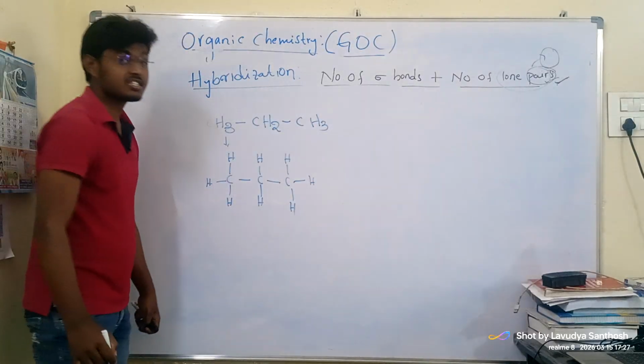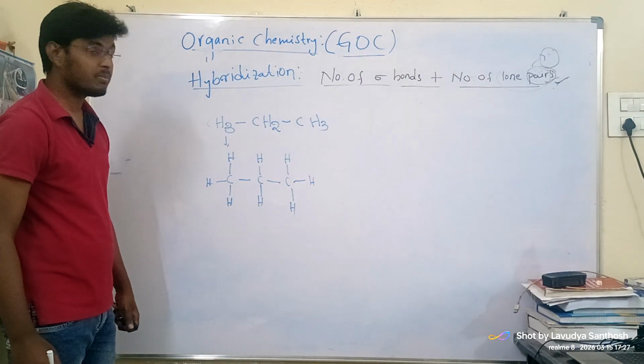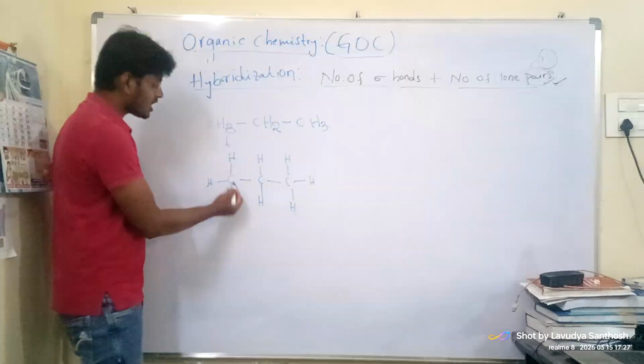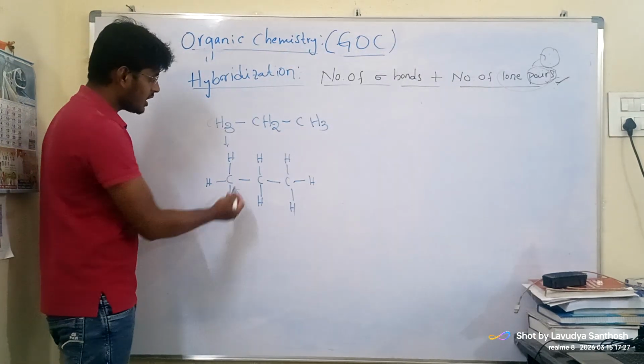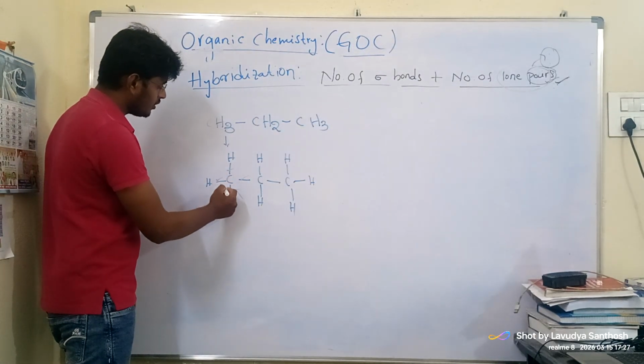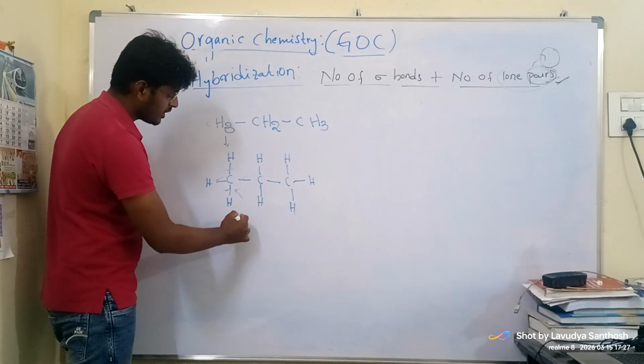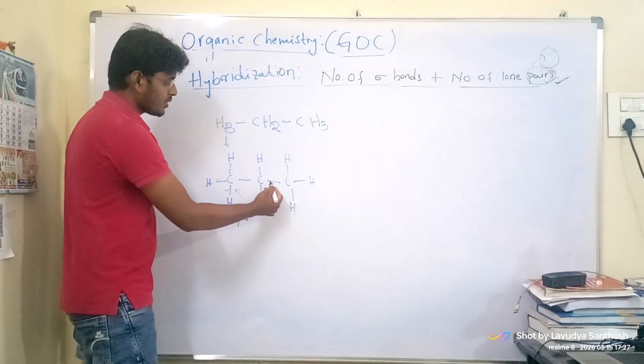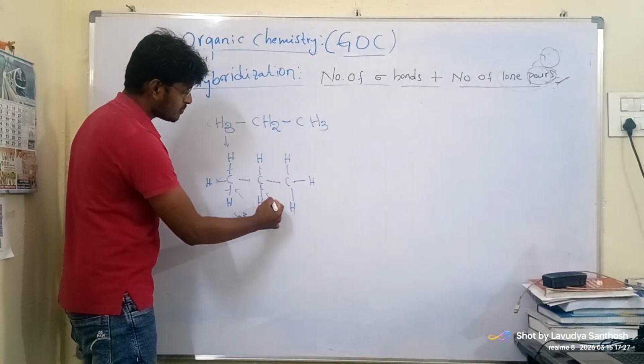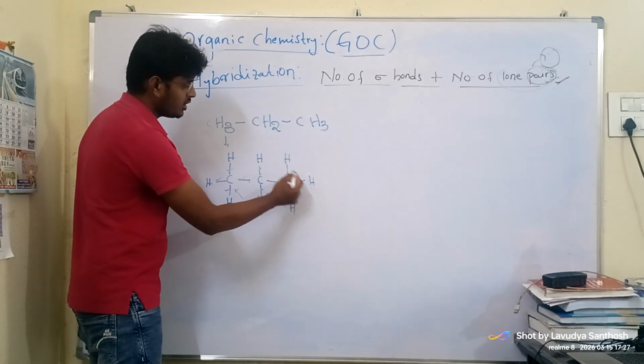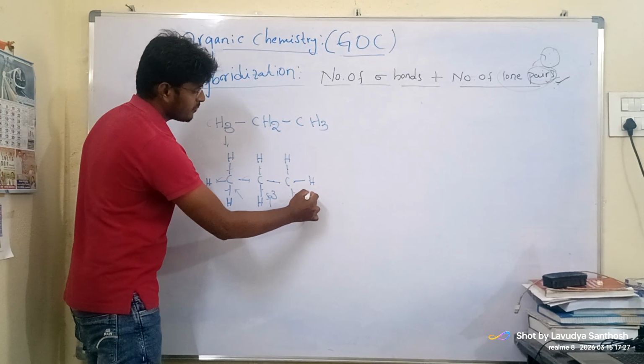Count the number of sigma bonds first. This carbon has how many sigma bonds attached? 1, 2, 3, 4. Four is sp3 hybridization. Likewise this one, 1, 2, 3, 4, sp3, and this one, 1, 2, 3, 4, sp3 hybridization.